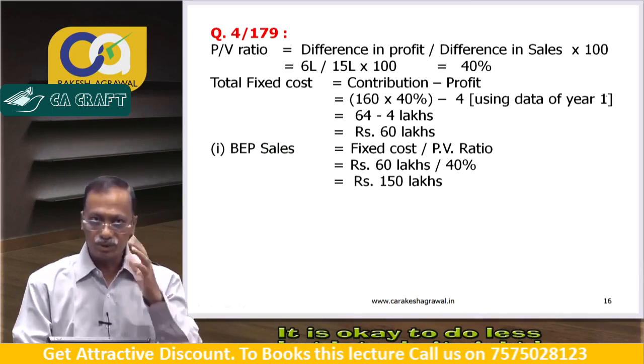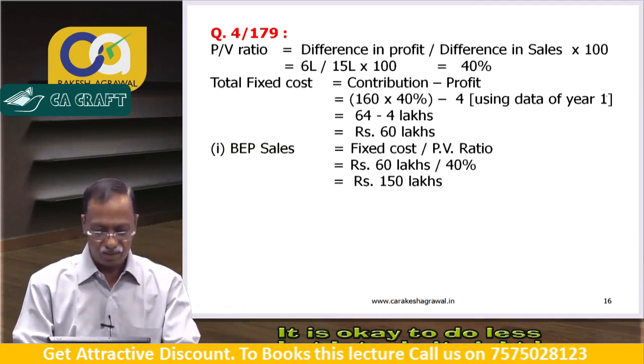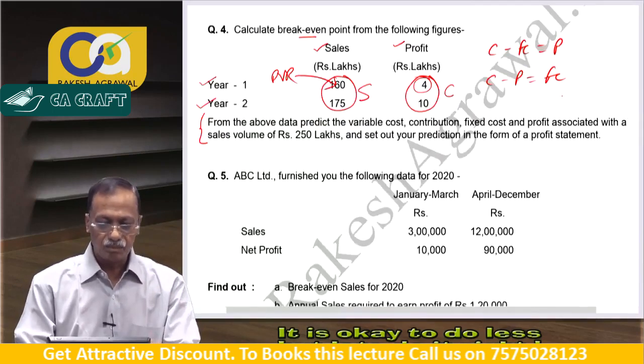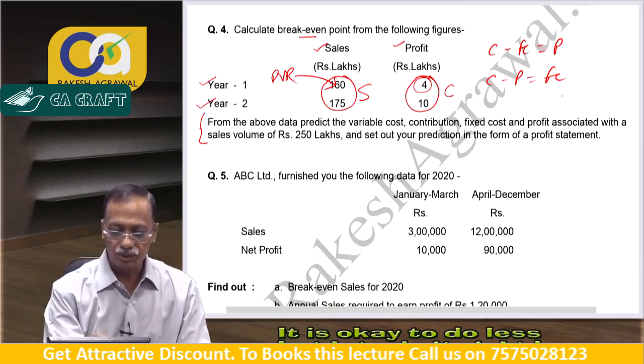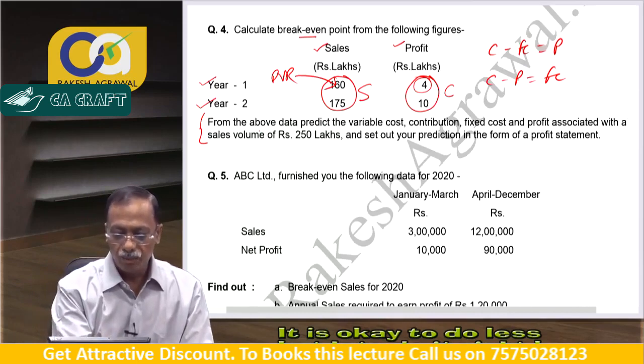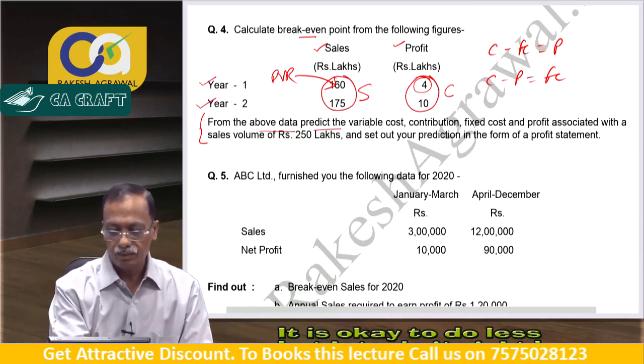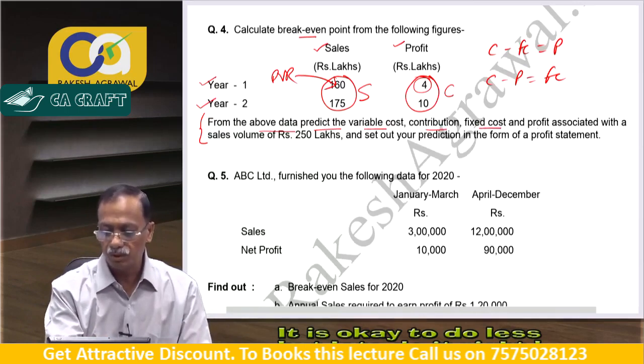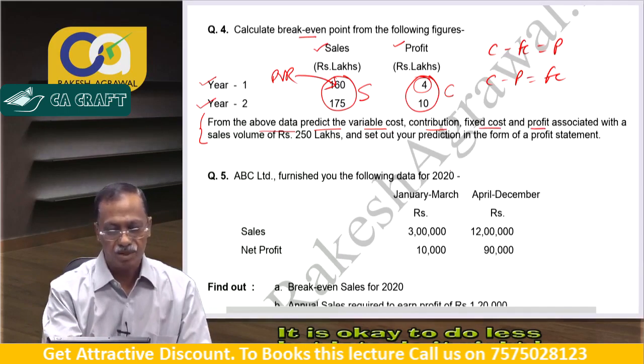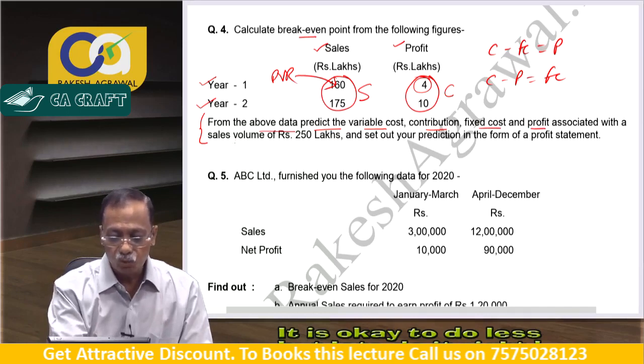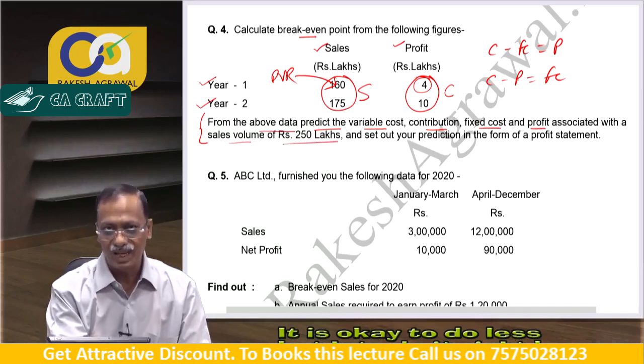Now there was one more part of the question which I did not read, so I'll read it now. From the above data, predict variable cost, contribution, fixed cost and profit associated with a sales volume of rupees 250 lakhs.